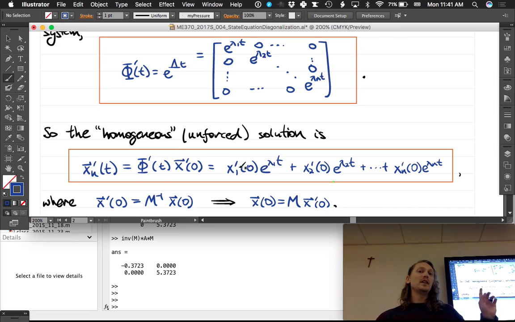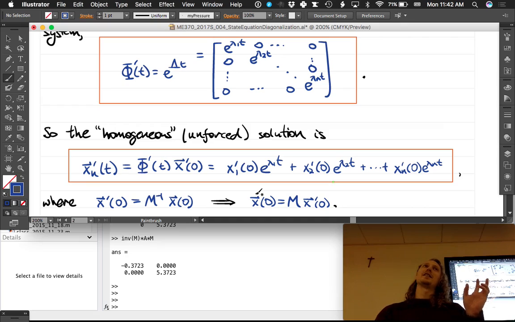But if you didn't excite that mode, if you just said, okay, no initial condition in that mode, the system would still be stable as long as the other modes are stable. So if you never excite an unstable mode, it never goes off to infinity, which is something you have to really watch out for, because if you're not careful, you can do that. You can just not excite an unstable mode.